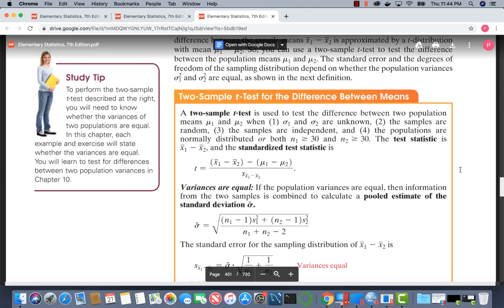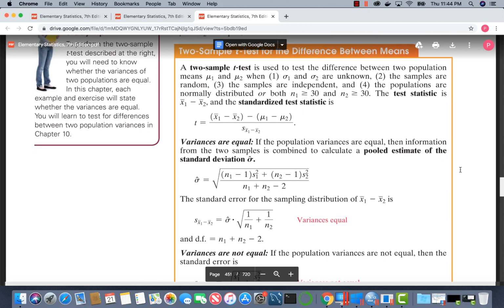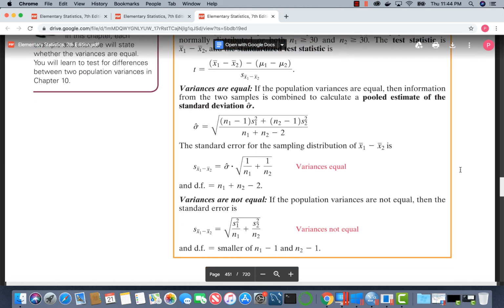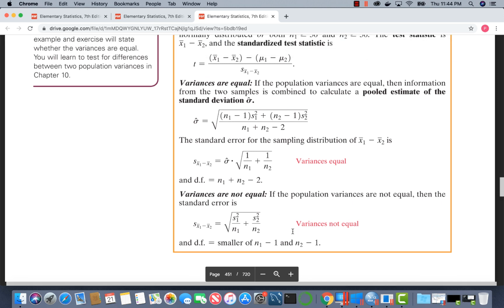Basically, for this we can have two scenarios: situations in which the variances are equal and the variances are not equal.